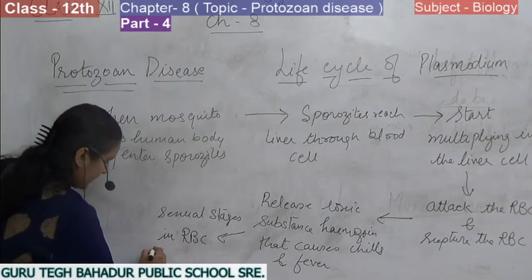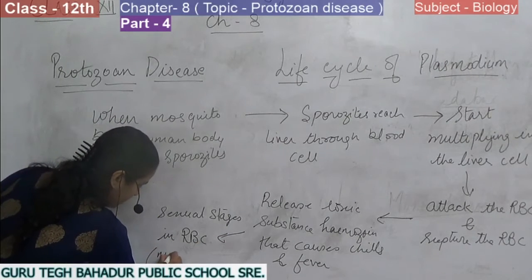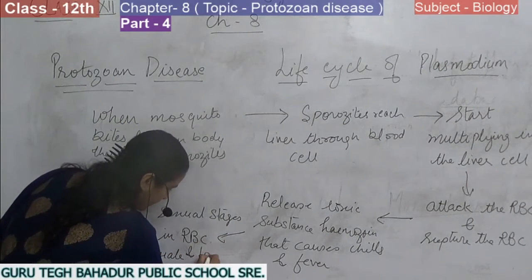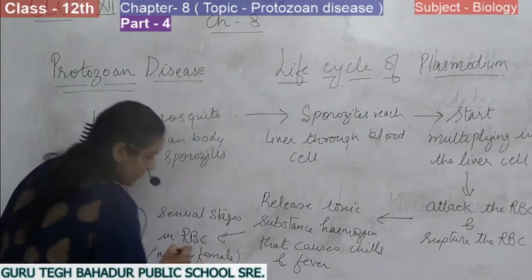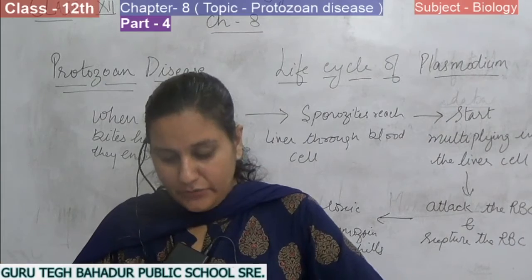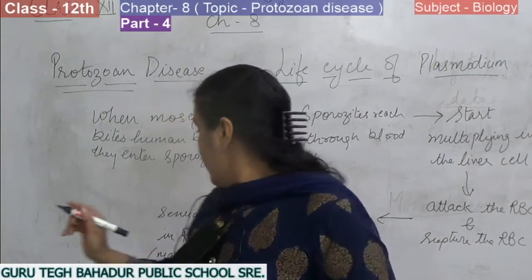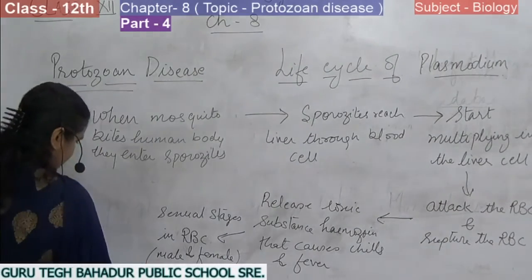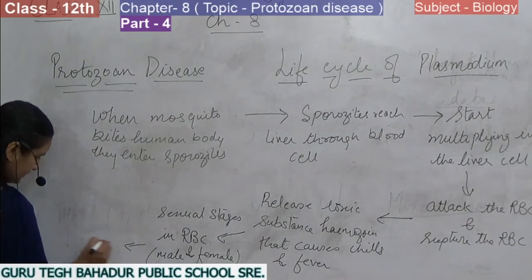After the sexual stages, we have male and female gametes in it, which are also known as gametocytes.